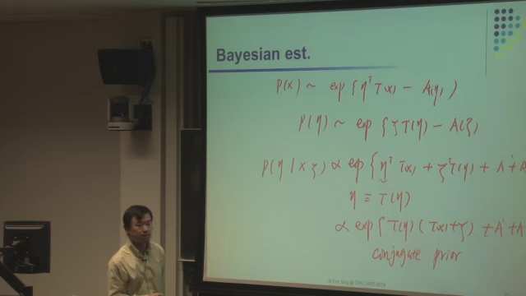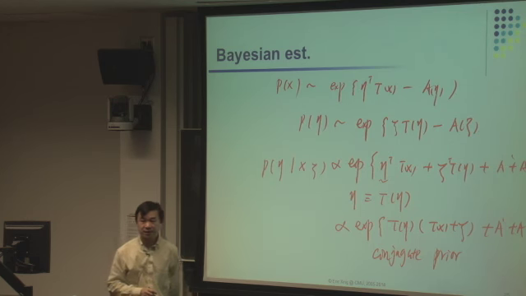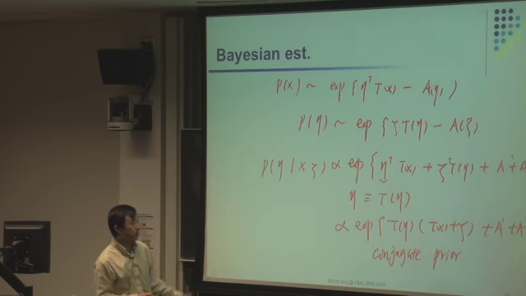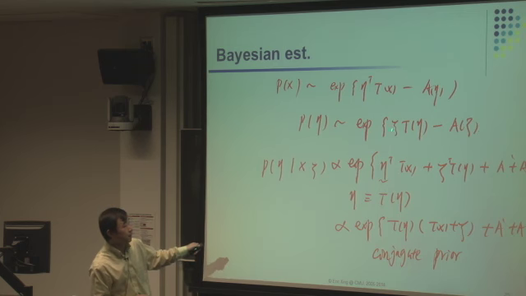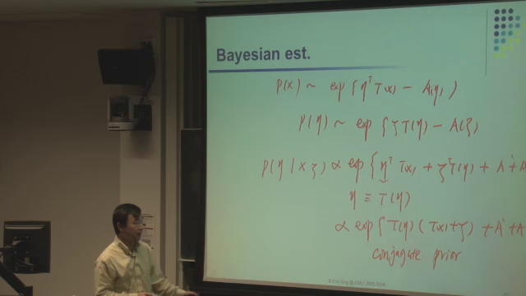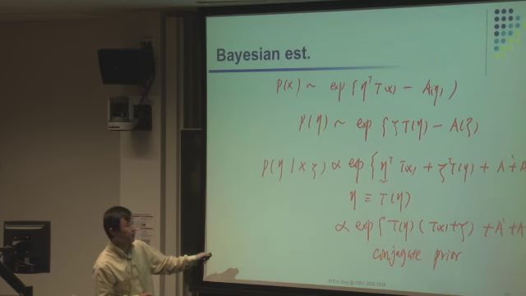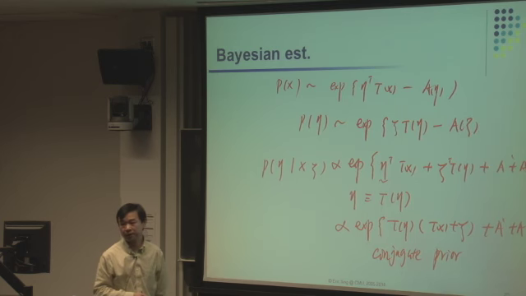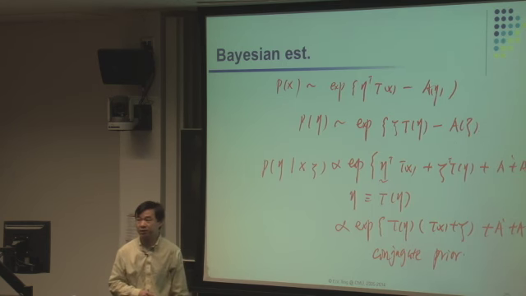See that? So that's another way of understanding the conjugate prior. If the natural parameter in here has the same form as the sufficient statistic in its prior, then we call it a conjugate prior, and that produces a posterior distribution which looks the same as the prior distribution.